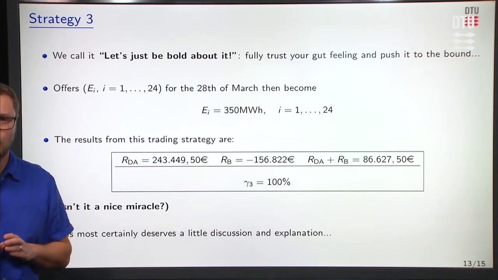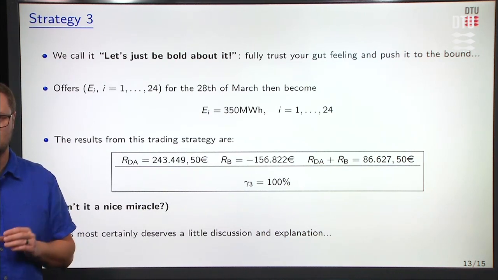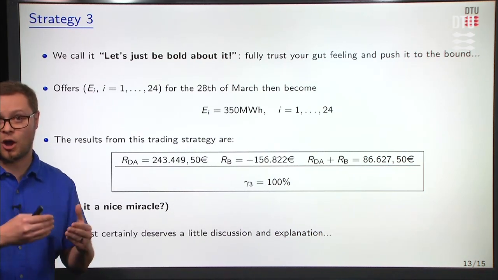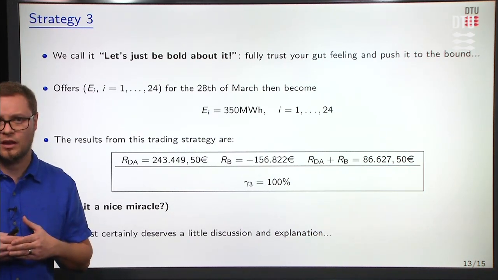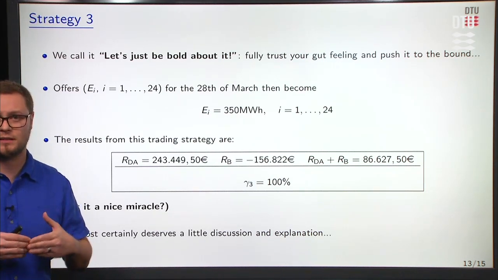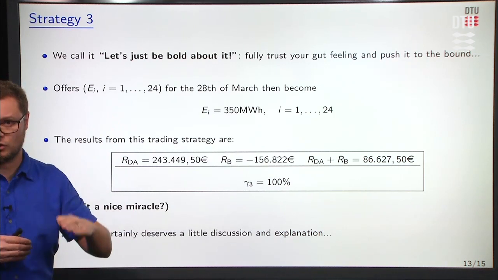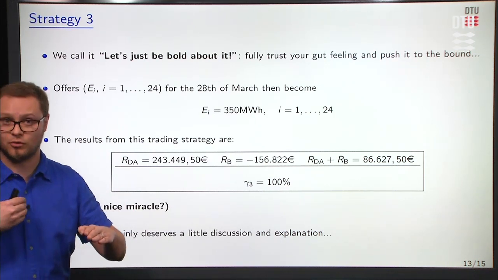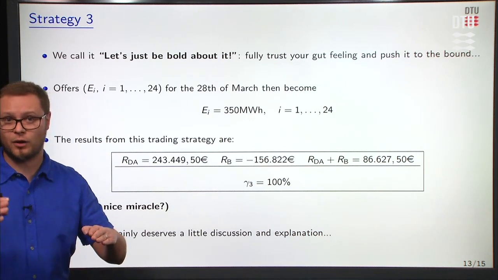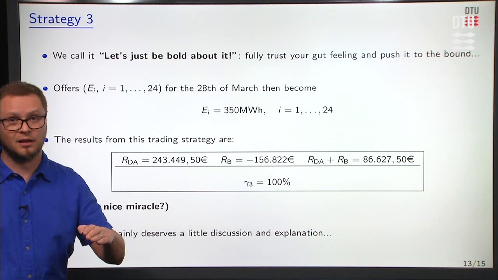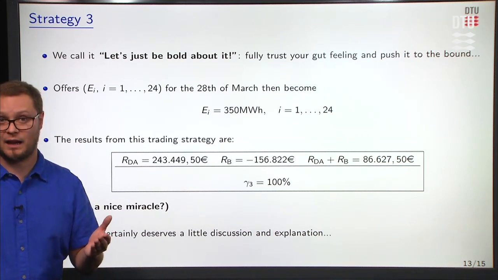If you were to go back to this slide with balancing prices, you've noticed that the system was never in a situation with upregulation. So if you are in a situation where you have actually promised more than what you're actually delivering, you will be yourself in a situation with upregulation, but the price for upregulation is the same as the day-ahead price, which means you're never going to be penalized.